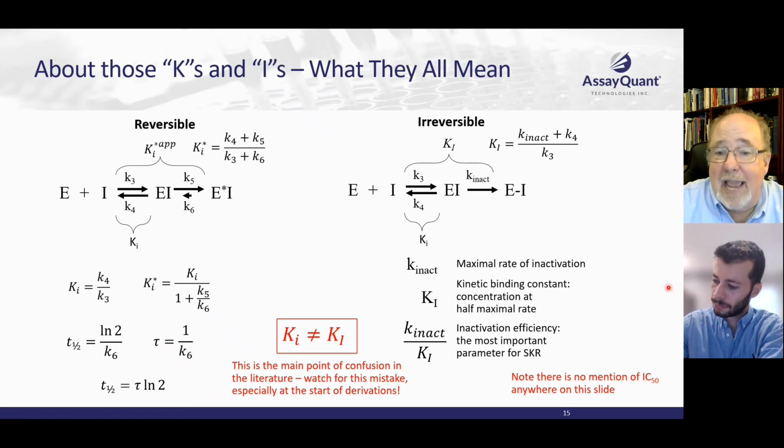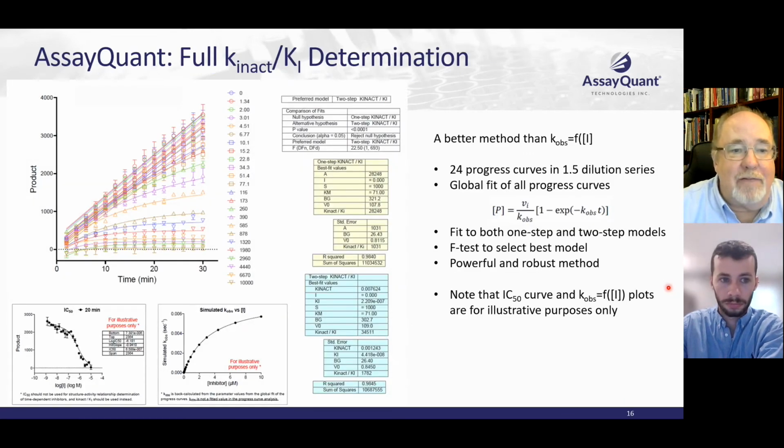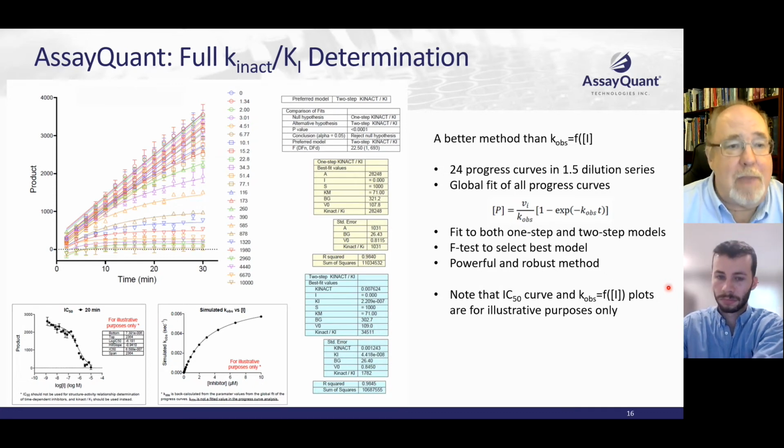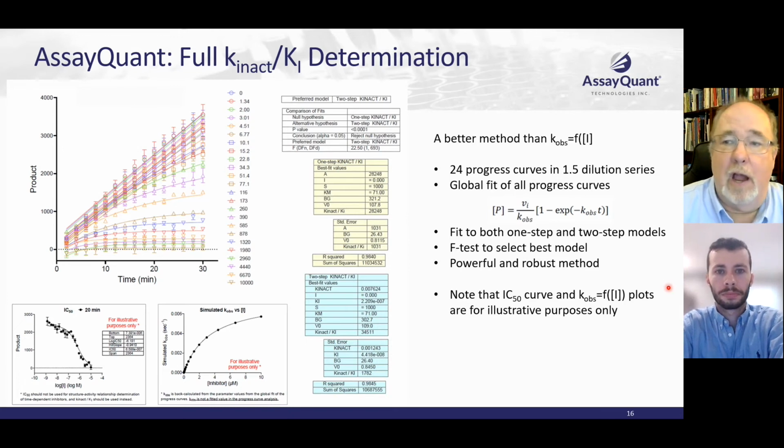So how do we actually get K inact and Ki or K inact on Ki for what we do here? We actually have used a method in the literature where we carefully follow all of the progress curves at once. And this has proven to be a better method than trying to plot K observed as a function of the inhibitor concentration.